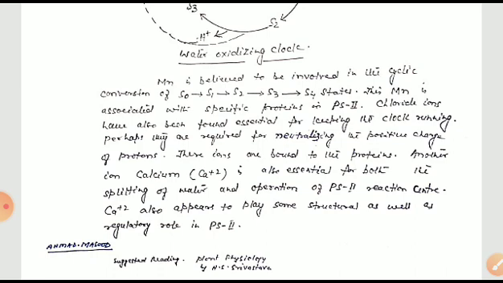So this is all about water oxidizing complex and how it operates. This is very much in your syllabus. So we must know how this water oxidizing complex, sometimes we call it water oxidizing clock, or we call it also oxygen evolving complex.